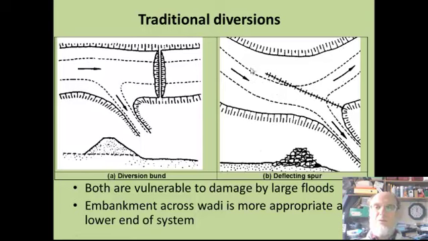This is more appropriate upstream, and the spur condition can be adjusted to reflect the proportion of flow to be diverted. Both of these are vulnerable to damage by large floods. They are both relatively inexpensive to rebuild compared with the cost of building an engineered structure.